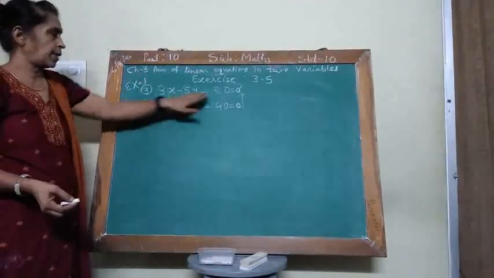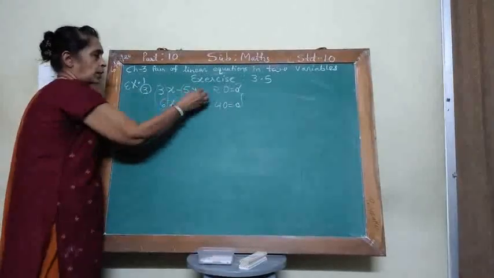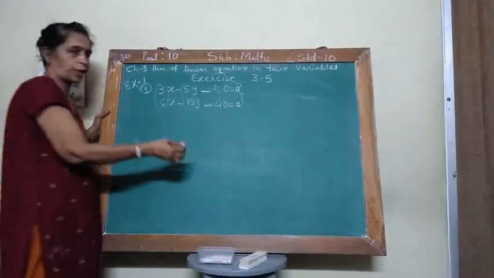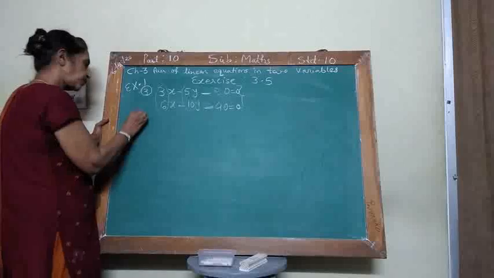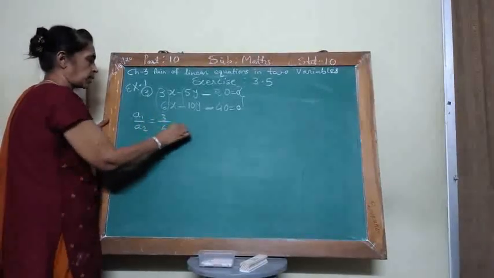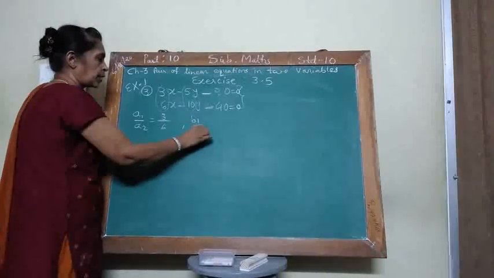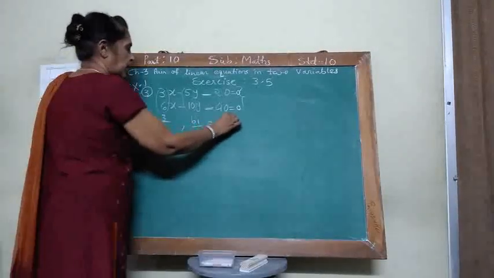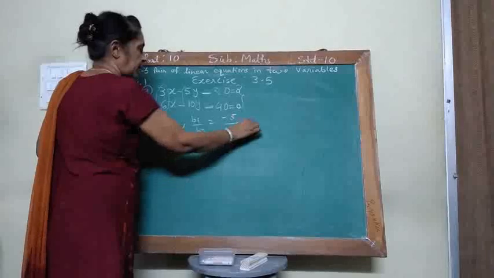In the next step you put your constant term on this side, so it will become negative.